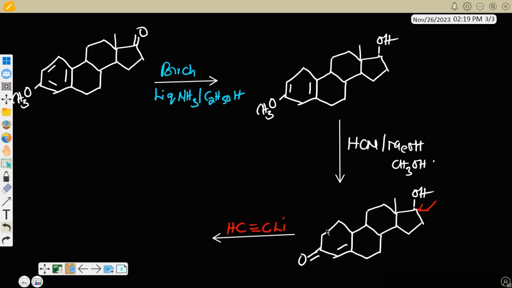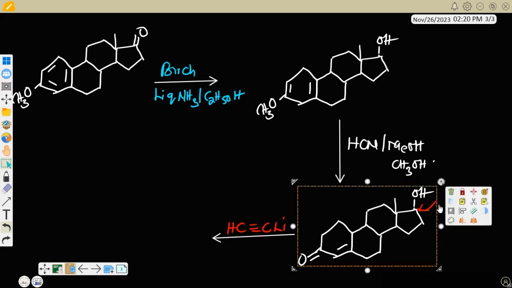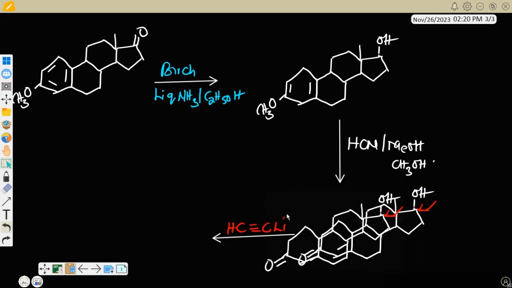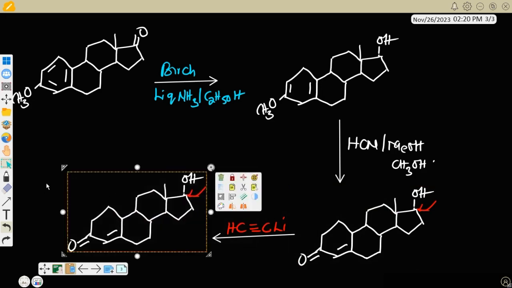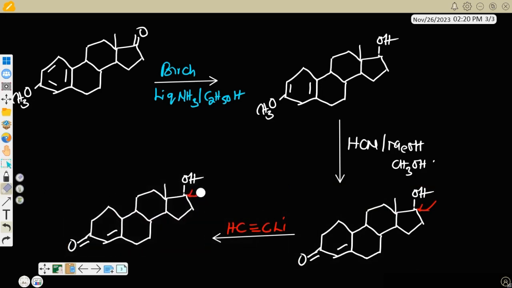Now, if it attaches itself to that position, I'm going to copy this. I'll bring it here. It attaches itself here. What you are going to be having, at least it should be alpha, right? So you are going to be having C, triple bond, and then you have CH.